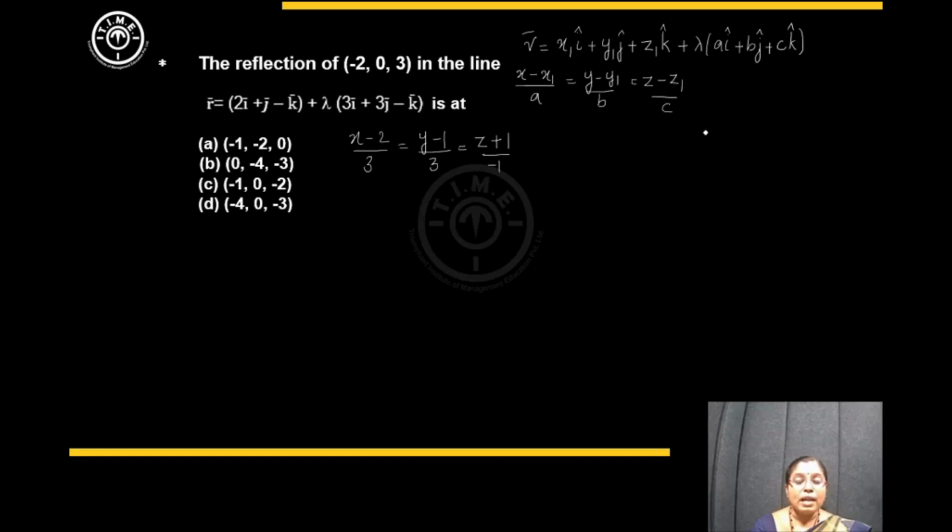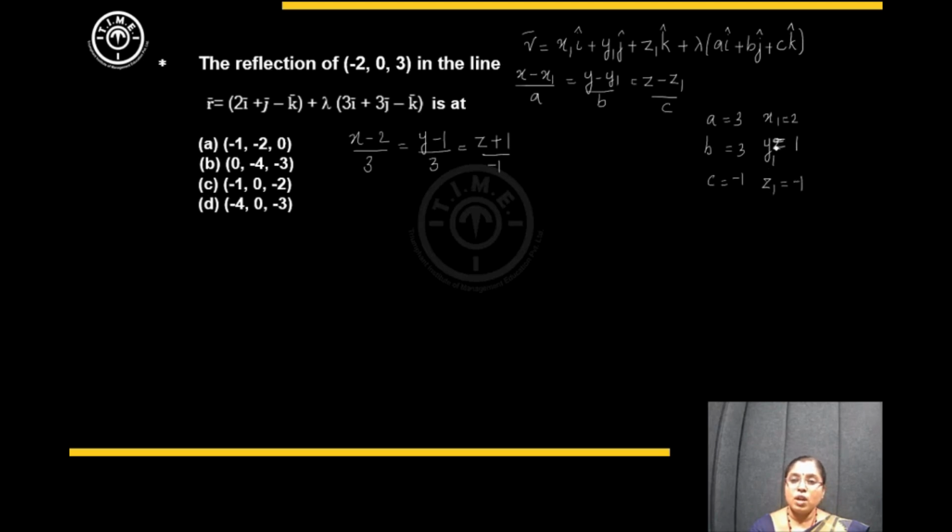So before forming lambda p, let us identify what is a, b, c, x1, y1, z1 and x2, y2, z2. So here a is 3, b is again 3 and c is negative 1. Similarly, x1 is 2, y1 is 1 and z1 is negative 1.